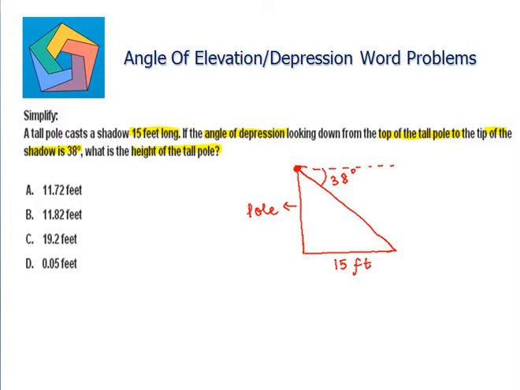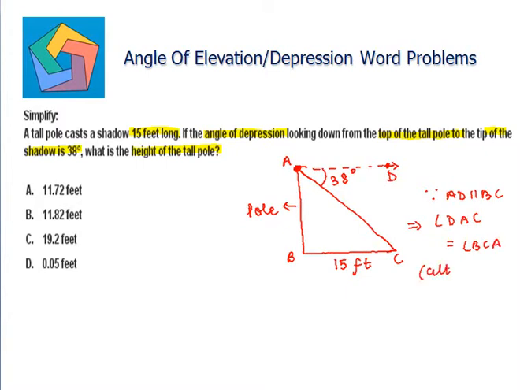Now let me name this A, B, C. Let's say this point is D here. Now since AD is parallel to BC, this implies angle DAC should be equal to angle BCA.